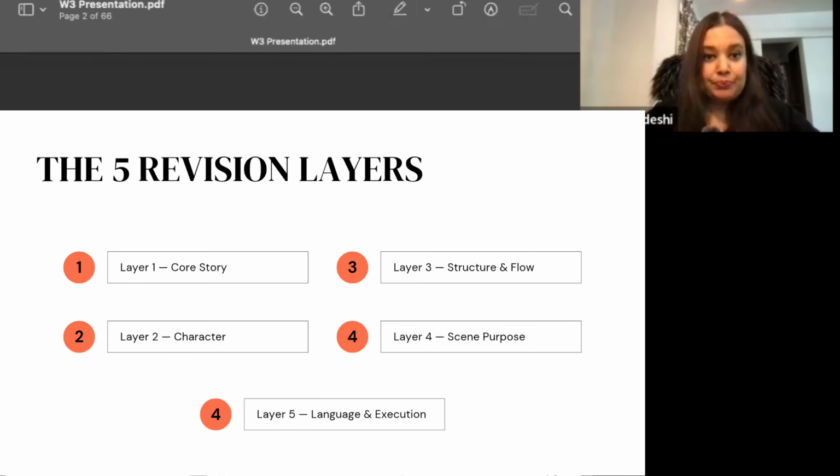Then comes layer number two, character. This will have desire, fear, contradiction, and psychology. Then comes layer number three, structure and flow.